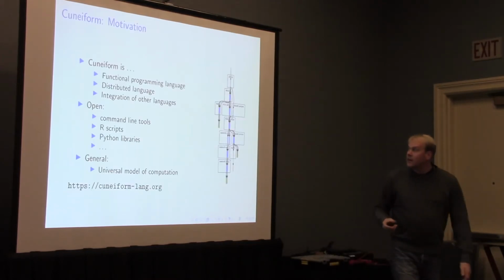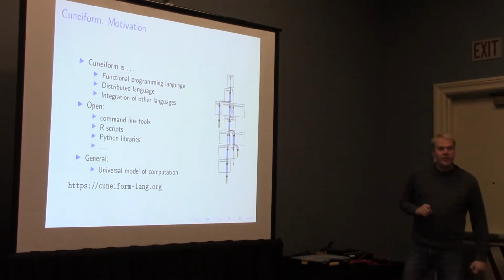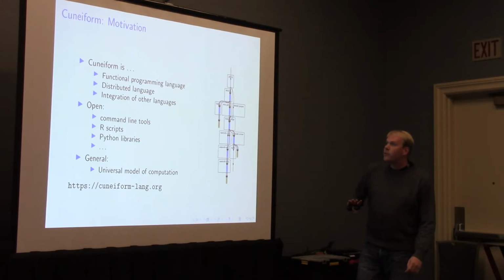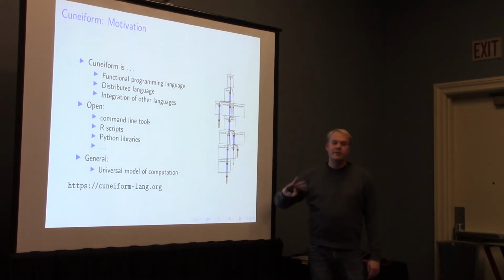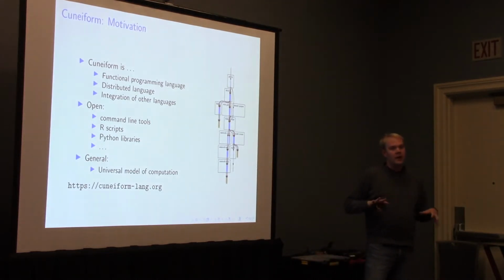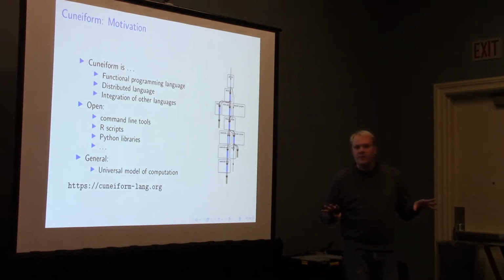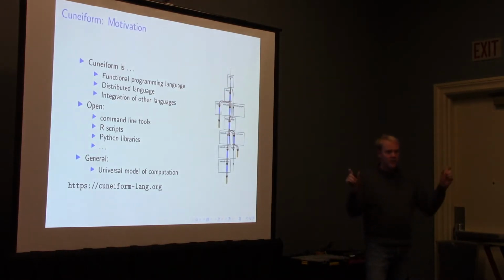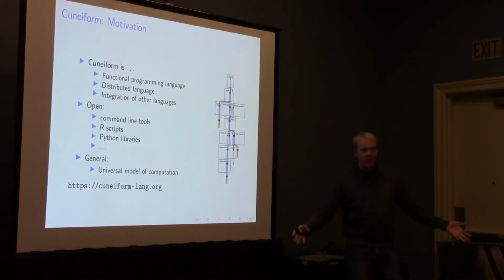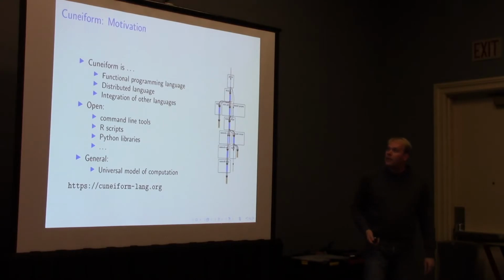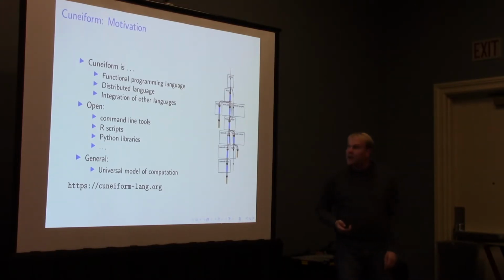And so I'm telling you a little bit about Cuneiform. Cuneiform is a functional programming language. It's a distributed programming language. I'm taking advantage of the independence of subterms in functional programming languages. So when you have two terms and they're independent, you can also compute them independently in parallel. And you can integrate all kinds of other languages.